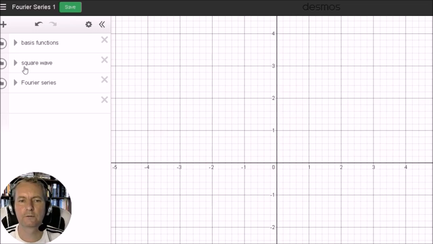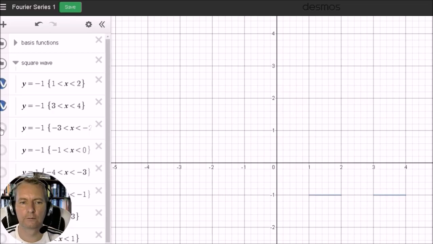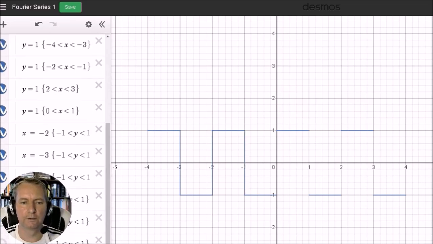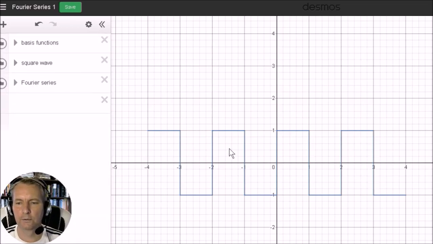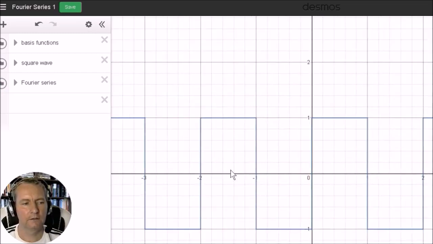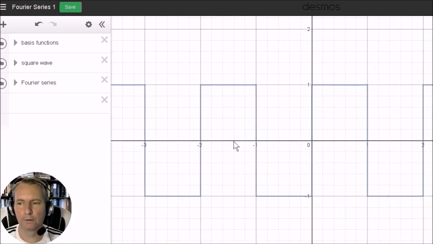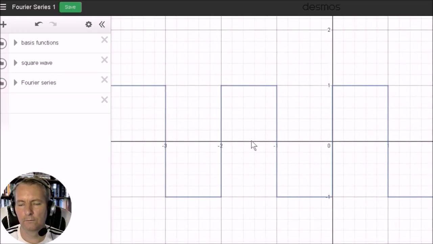So let's draw out the square wave. This will just draw the square wave for us. You should definitely go through this process, download this and give this a go yourself. So that's the square wave there, and our contention is that we can add up all of those sines and cosines in order to generate this square function.